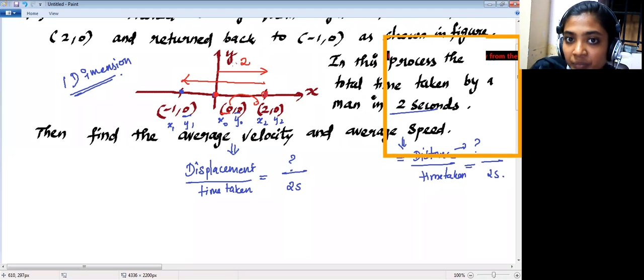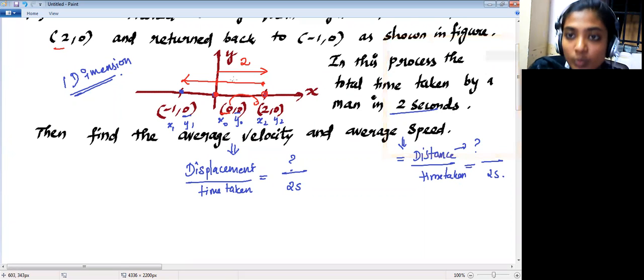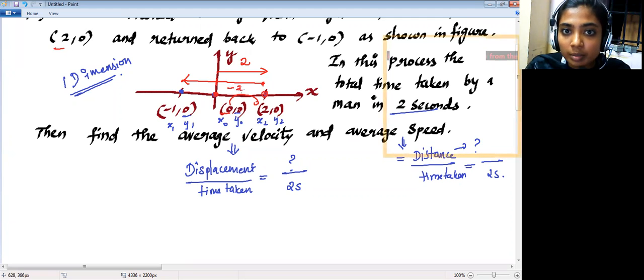So keep in mind, 2 kilometer he has covered, kilometer or meter, they haven't mentioned any unit, and till this point it is again 2, which means my displacement is in the negative here, minus 2. Okay, and again he is covering a displacement, here my point is minus 1, right?